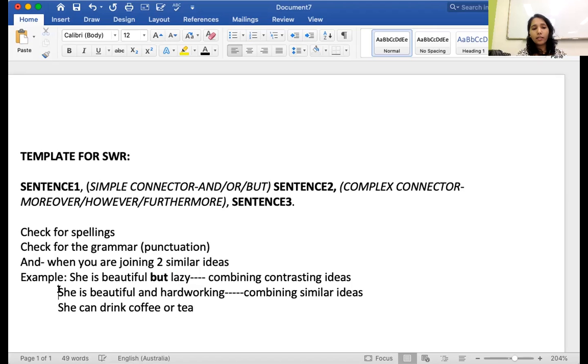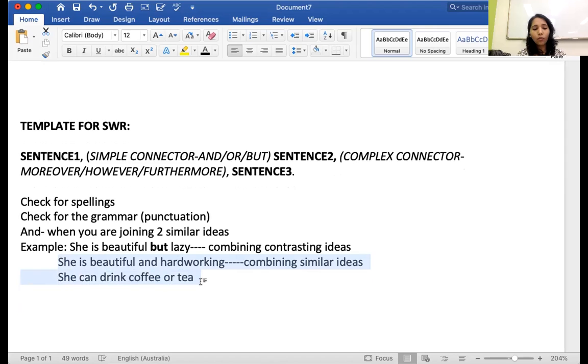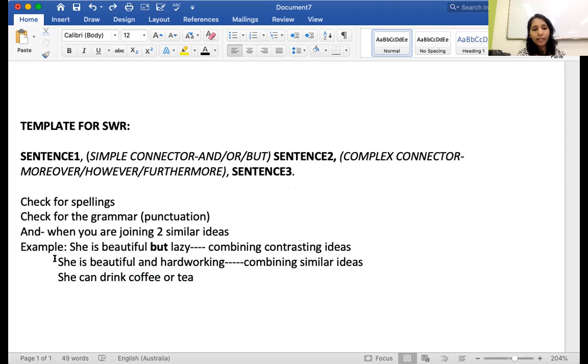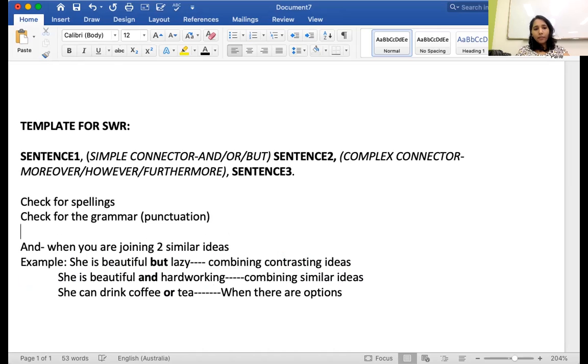So that's when I use this conjunction, or this linking word. What are they called? They're called simple connectors. So I use and, but, or as our simple connectors. So and when I'm combining the same ideas, and or when I'm giving an option. Okay, so these are my simple connectors.